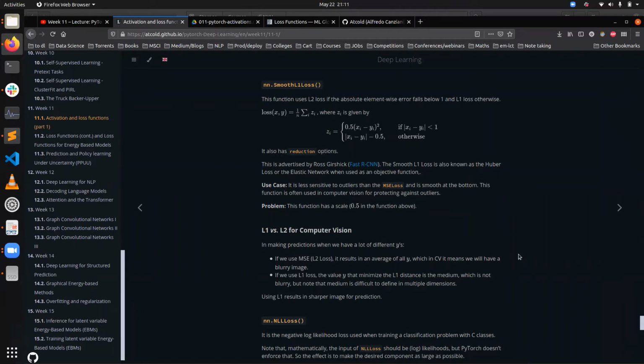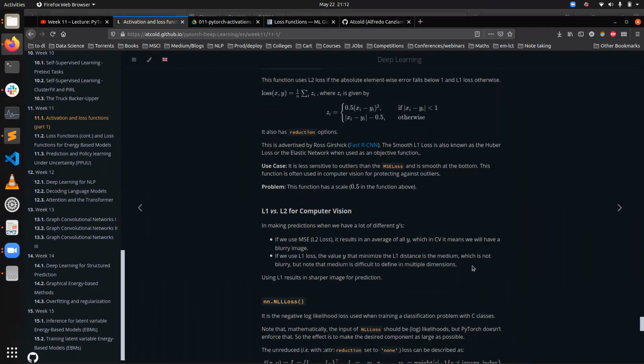It won't look like a cat at all. But to minimize the L1 loss, what we take is the median. I don't know why you wrote medium. I think it's supposed to be median. The median is actually a real data point, right? So it won't be blurry. I think this is a very simplistic explanation, but still, it makes intuitive sense, because usually we have so many dimensions.